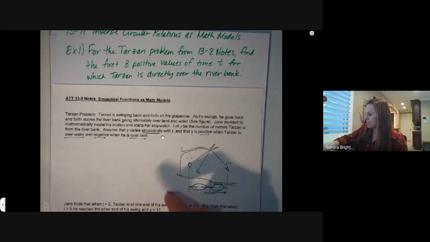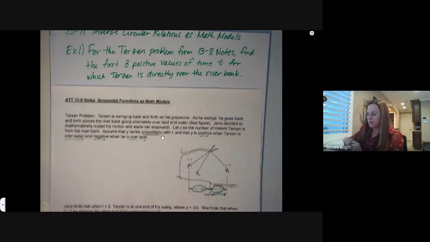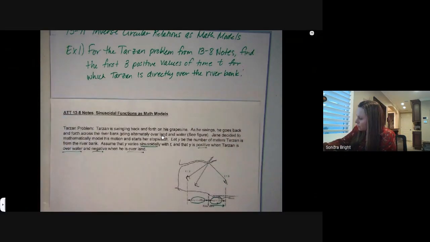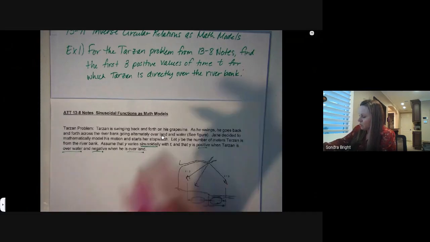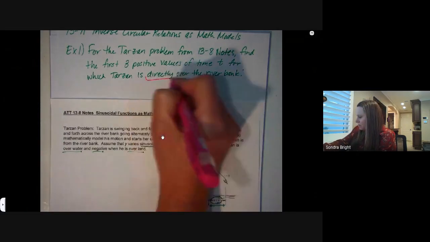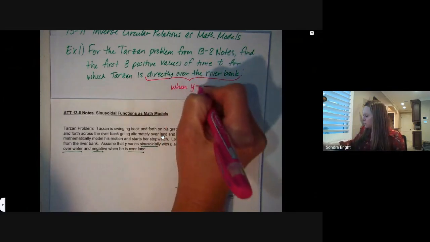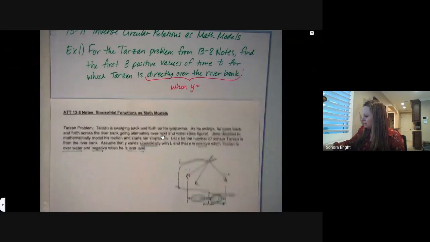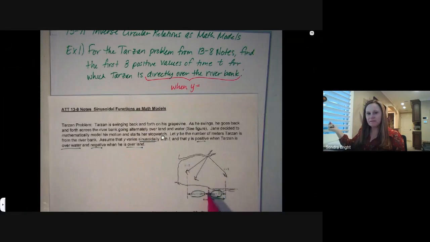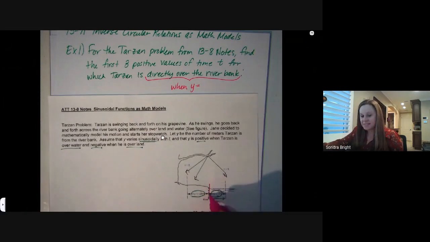So when we're asking directly over the riverbank, what will your y value be? Here was the riverbank right there, and it was when y was 0.